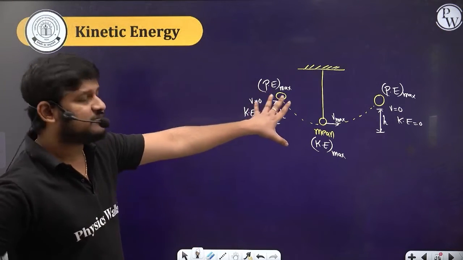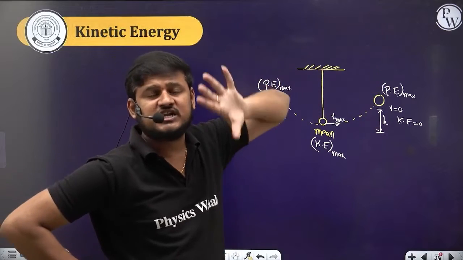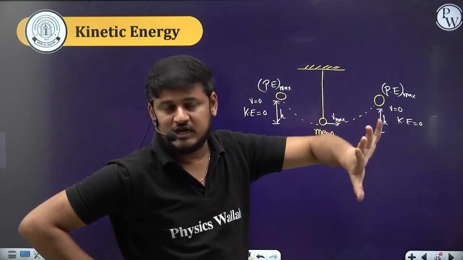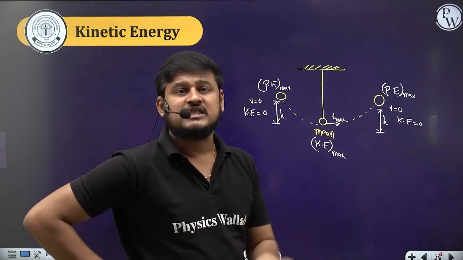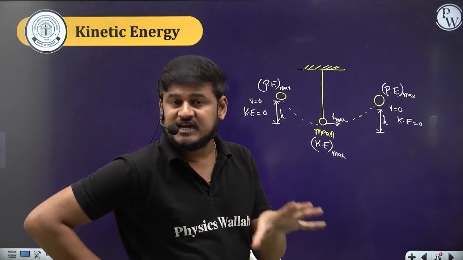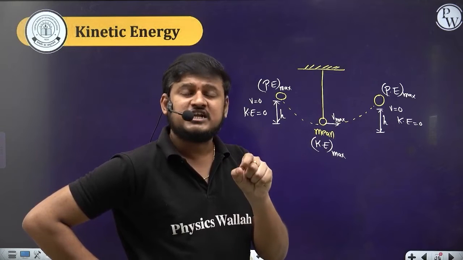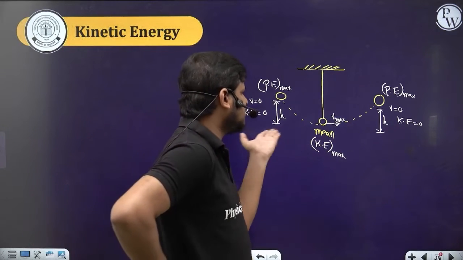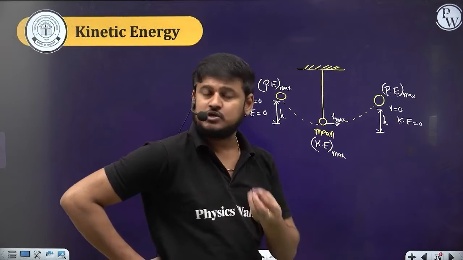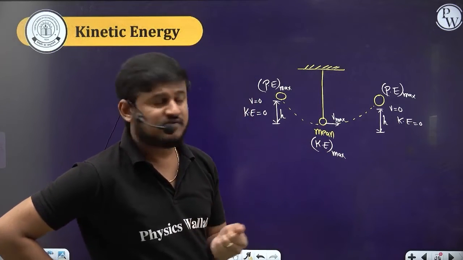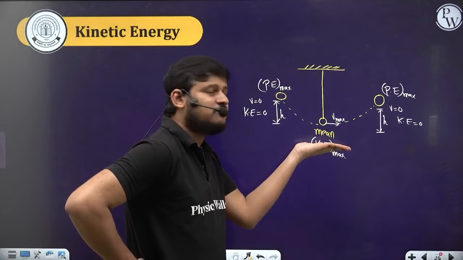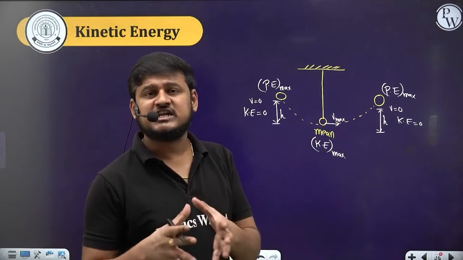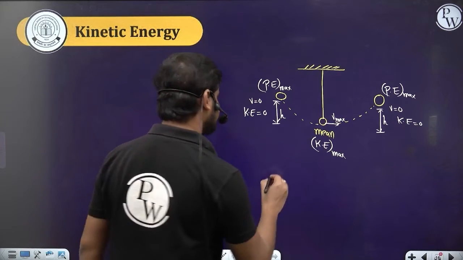You understood the concept, right? At extreme positions, the potential energy is maximum and the kinetic energy is 0. But at the mean position, the kinetic energy is maximum. Potential energy might be 0 if the mean position is exactly on the ground. If you consider the ground exactly at the mean position, then potential energy is 0. Otherwise, if the ground is somewhat high or low from the mean position, the potential energy is minimum at the mean position.